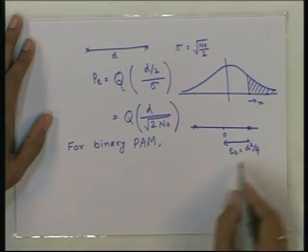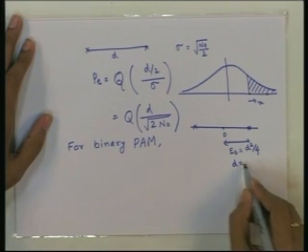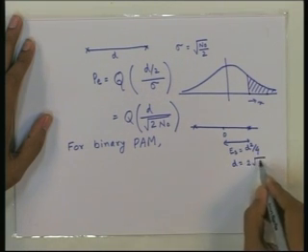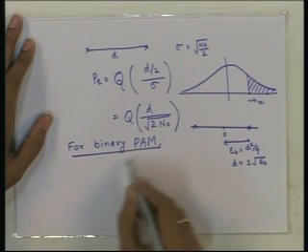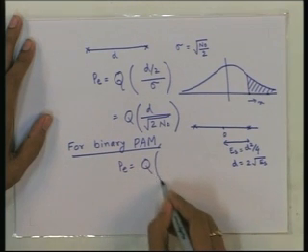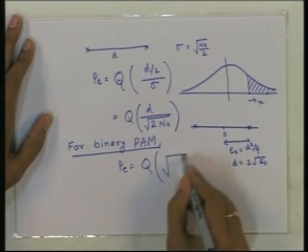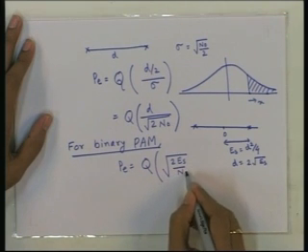So, d is 2 times root E s, and so for binary PAM we have P e equal to Q root over 2 E s by N naught.